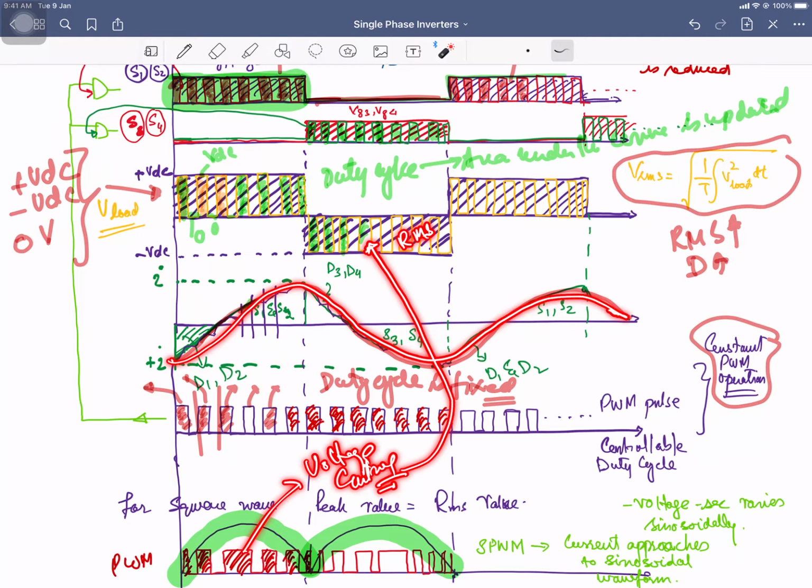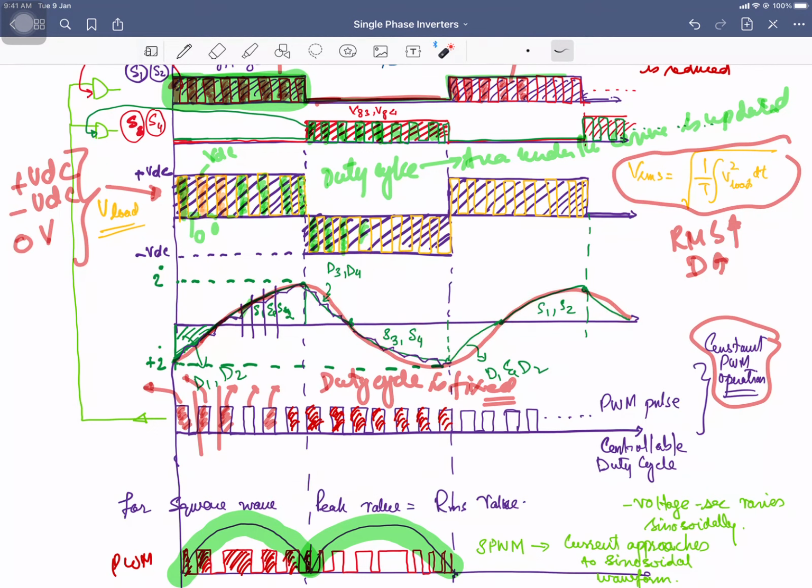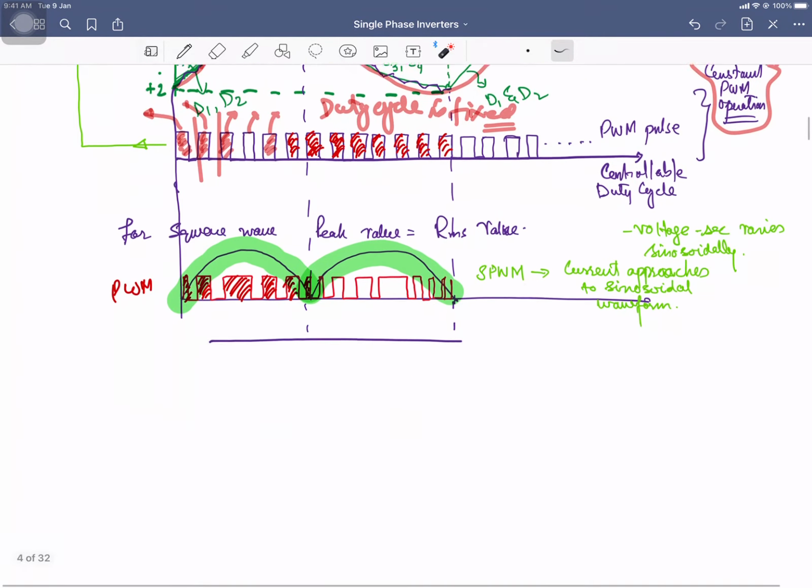So in the sine PWM you have the voltage control and the control of the current waveform, but remember you can reduce the voltage with this PWM as compared to a square wave. You have the maximum area covered under a square wave voltage waveform. So the square wave gives you the maximum possible RMS value. You can decrease the voltage with respect to that.